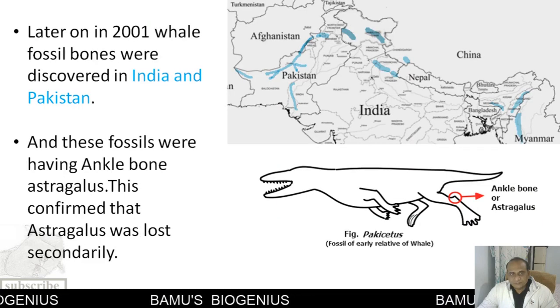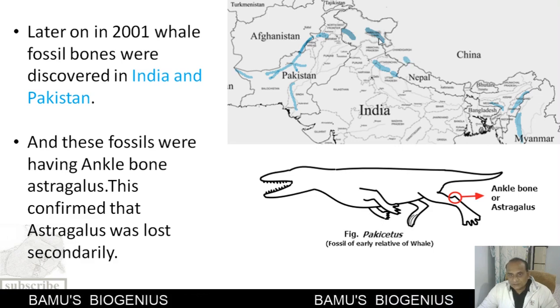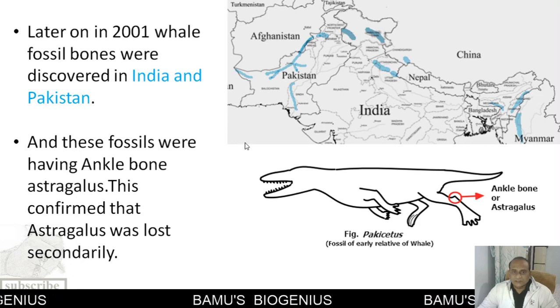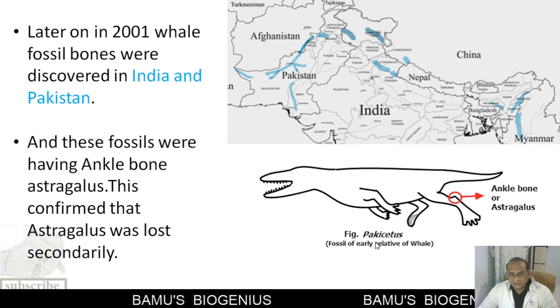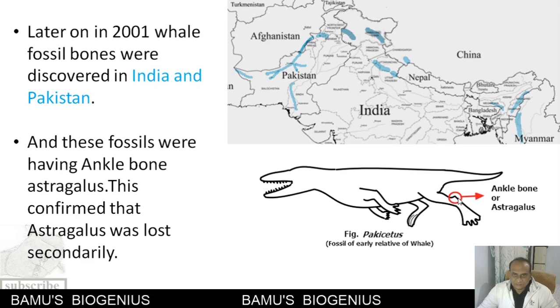But later on, in 2001, whale fossil bones were discovered in India and Pakistan. These are the regions where these fossil bones were discovered, and it has been found that in some cases, like this fossil of an early relative of a whale, Pachycetus, the ankle bone astragalus is present in these animals.